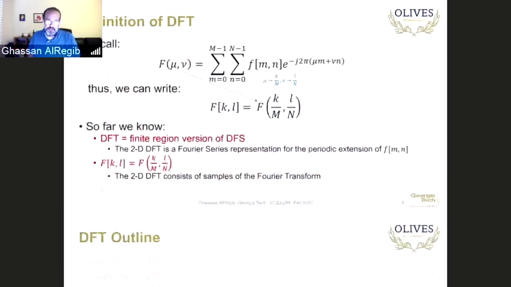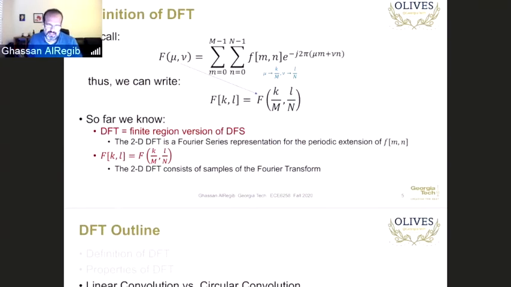Okay, so for the definition of DFT, remember there are two things that you have to keep in mind. The first one is that DFT is really the discrete Fourier series definition, however, over a finite region. So the DFT has a size, and throughout our early discussions last time, we said the size of the DFT is the same as the size of the image. So we can have an M by N DFT.